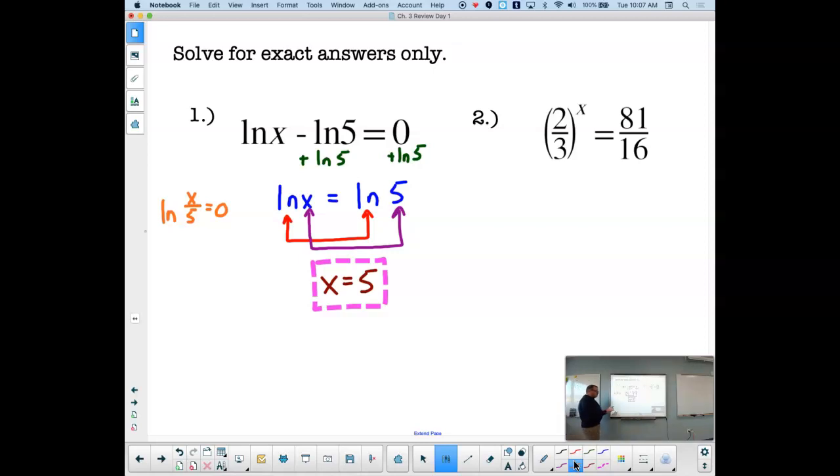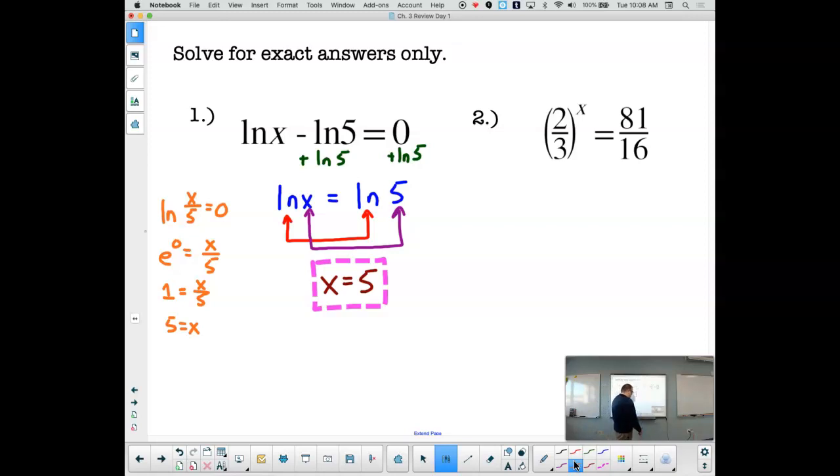Then I could switch forms with it, and I could say that this is e to the 0 power equals x over 5. Well, anything to the 0 power is 1. Multiply both sides by 5, and then I get my x over 5 part. Okay? So we have that as an option.